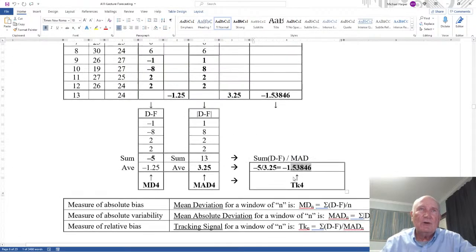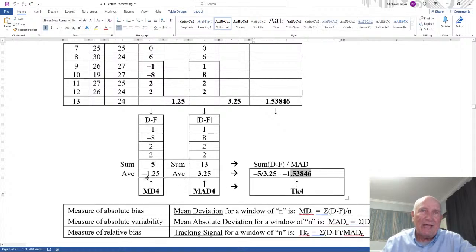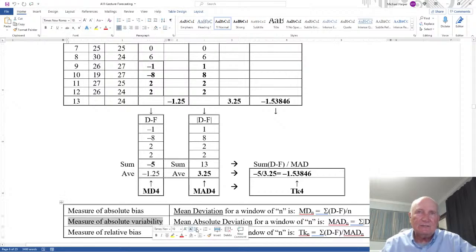Okay? So the absolute measure of bias is the mean deviation. That's how much bias there actually is in the forecasts. The mean absolute deviation is the measure of absolute variability, how much variability. But the tracking signal is a measure of relative bias. It's relative because we standardize it by dividing by the MAD.